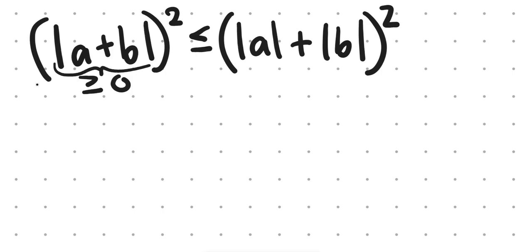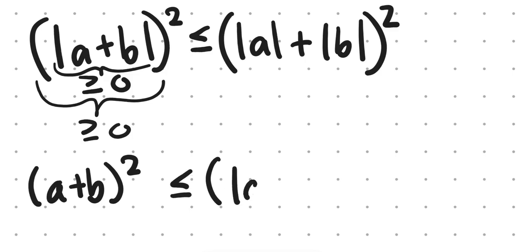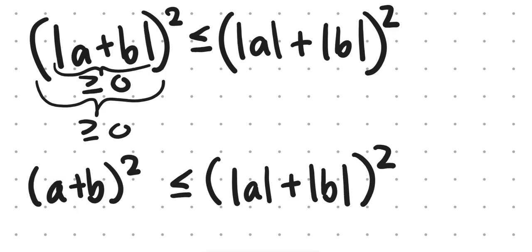And if this is positive, obviously this should also be greater or equal to 0. So we can write this as (A plus B) squared, since the absolute value of A plus B is already positive, so we can just ignore the absolute value in the square. And this is smaller or equal to the absolute value of A plus the absolute value of B, squared.